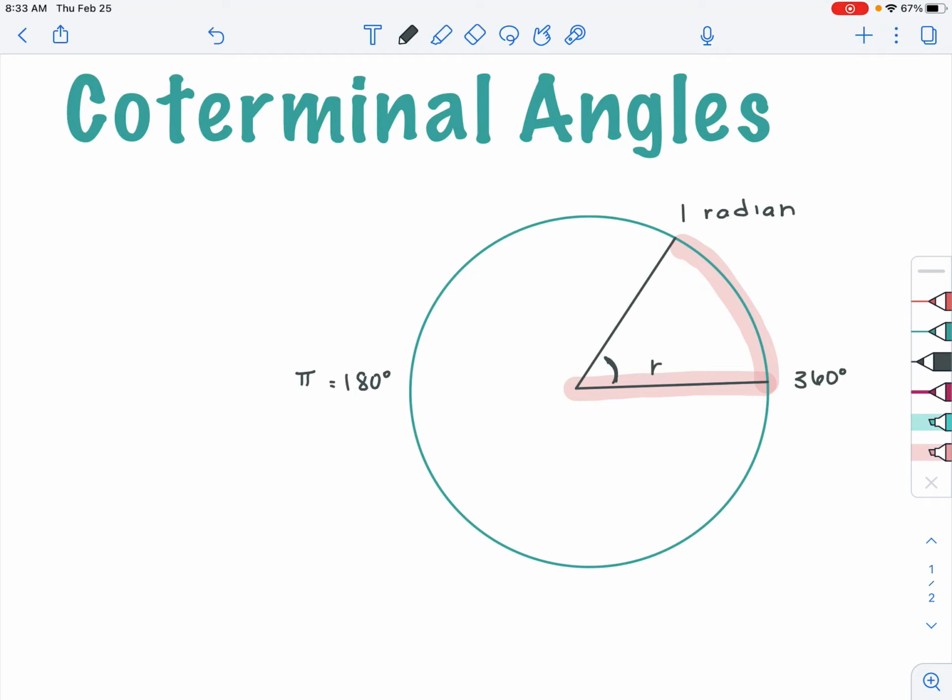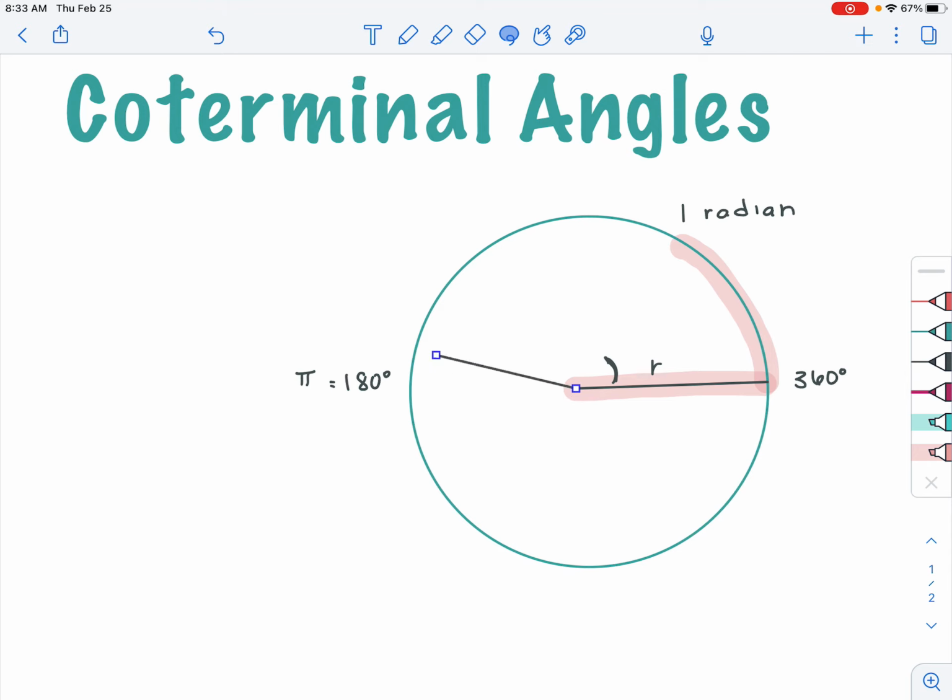So what we're going to do today is look at why we want to use a radian when we're working in calculus, and figure out how we can calculate what's called a coterminal angle. I can take the terminal side of my radian and continue to rotate it around, and rotate it around again.